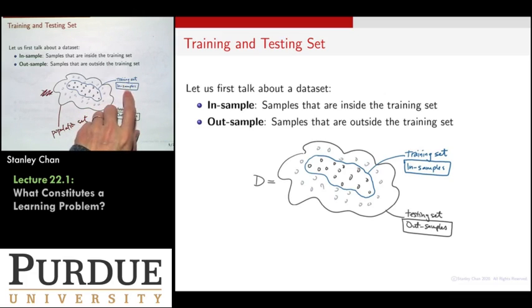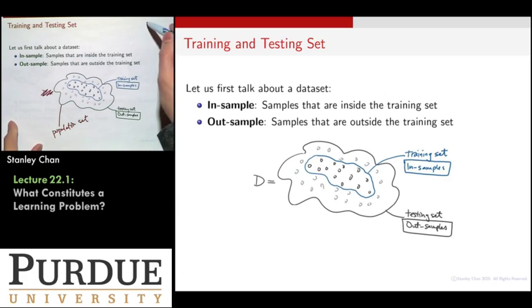The training set, I also call the in samples. Anything that's outside the training set is called the testing set, and I call them the out samples. When you enter any deep neural network competition, normally you will see a big portion of data called the training set, and a small portion called the testing set, and all your scores are defined by the testing set.